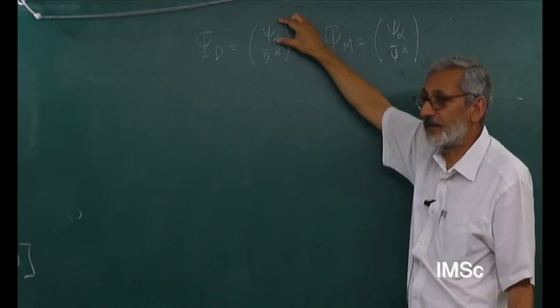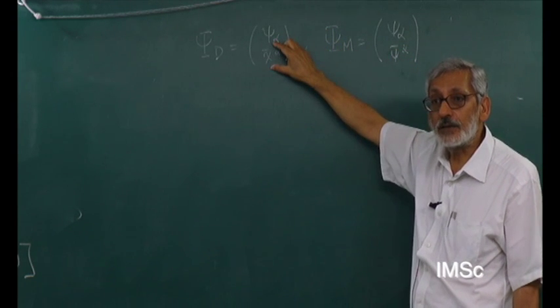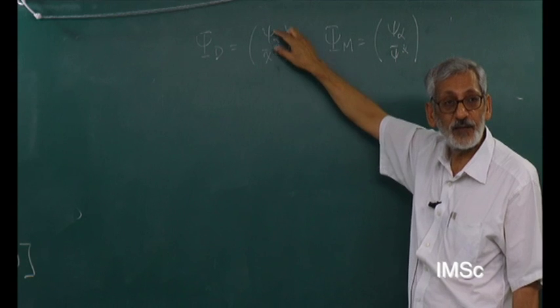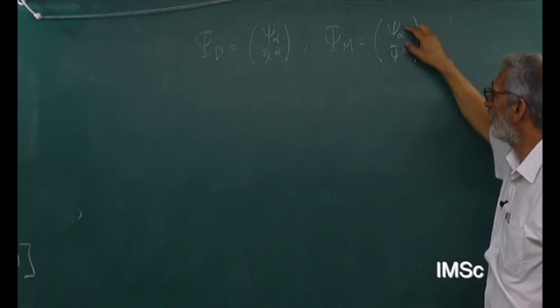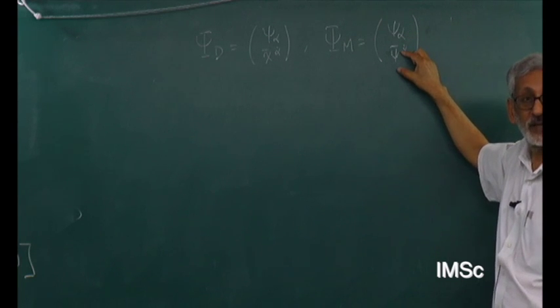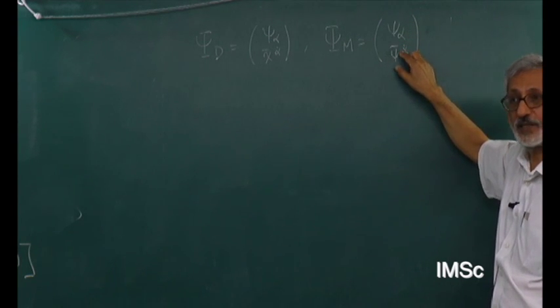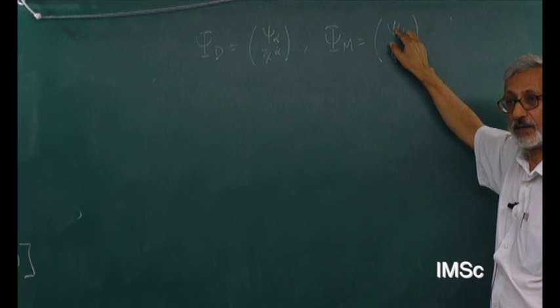A Dirac field is this object with independent chi's, so that makes 4 independent complex numbers. In a Majorana field, there are only 2 independent complex numbers, because this pair is the complex conjugate of that.